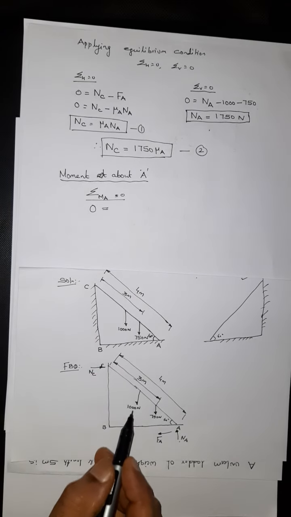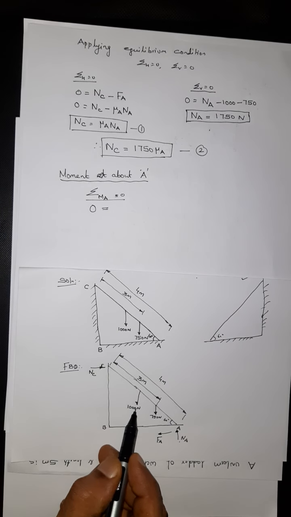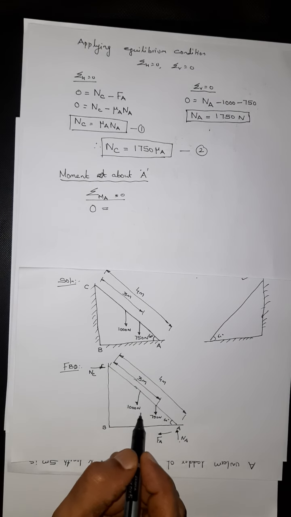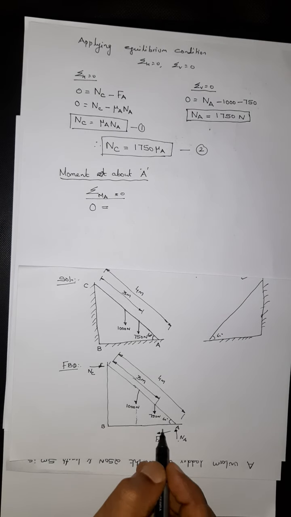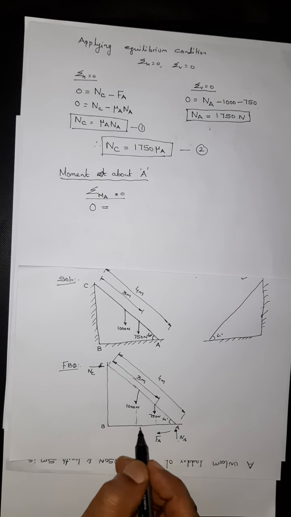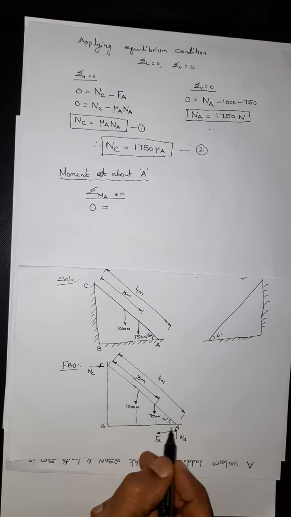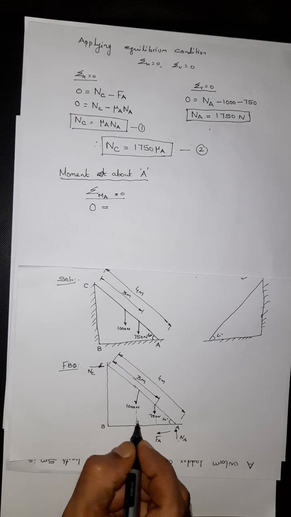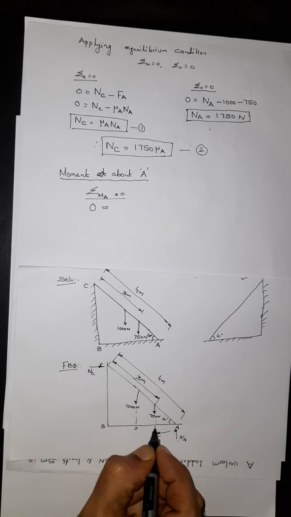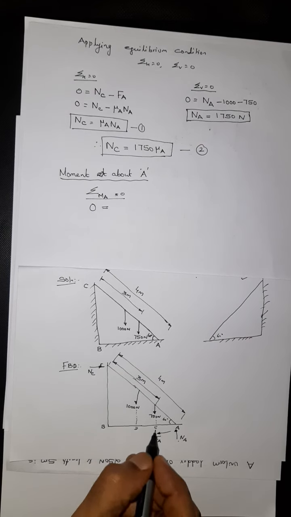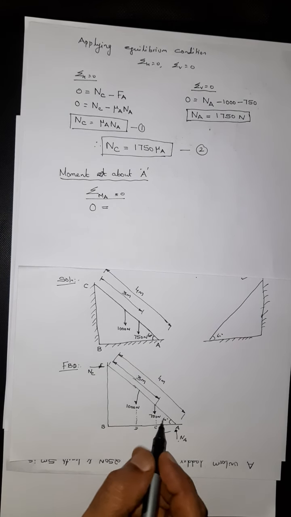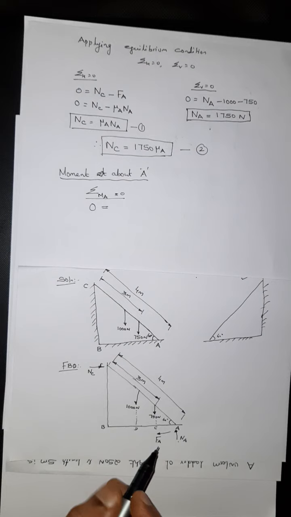0 equal to the force which is acting vertically downwards, and we want the perpendicular distance from point A. So let us assume this point as D and this point as E. So 1000 Newton.